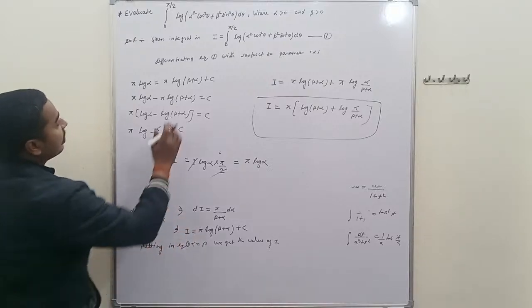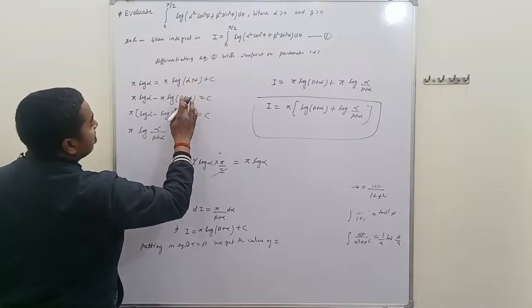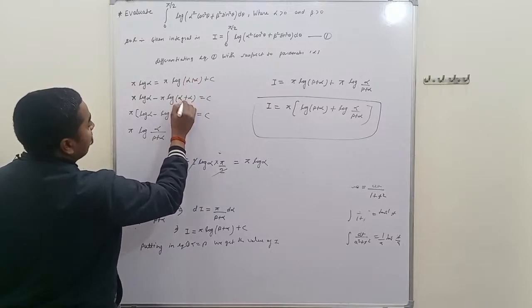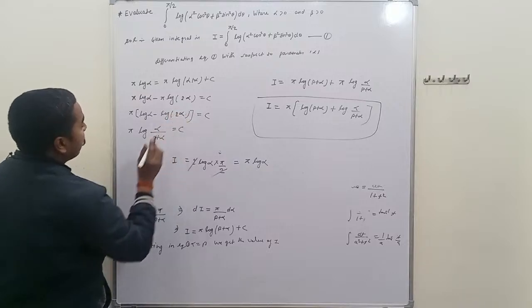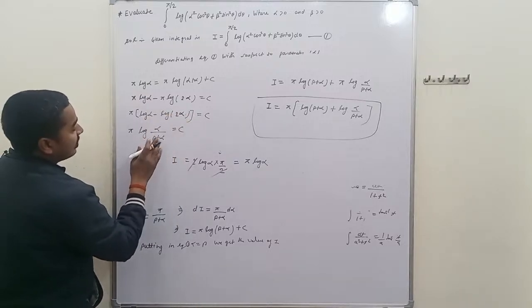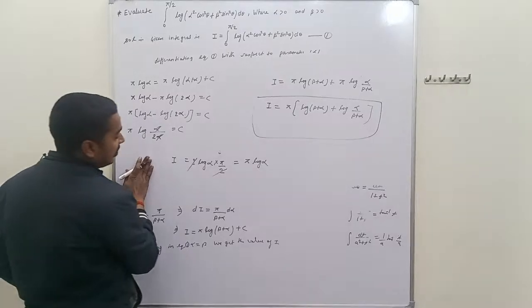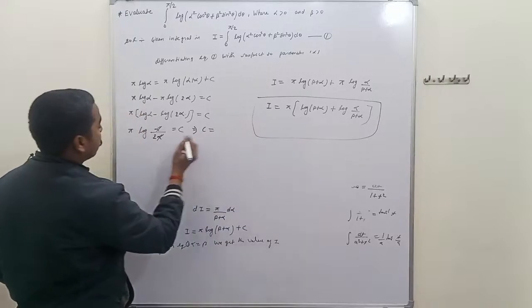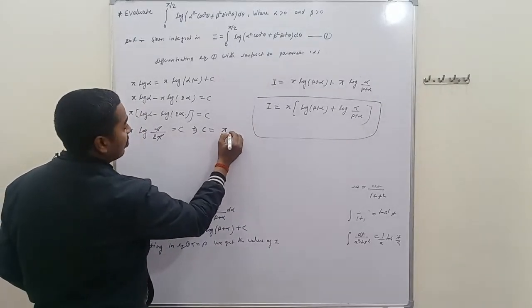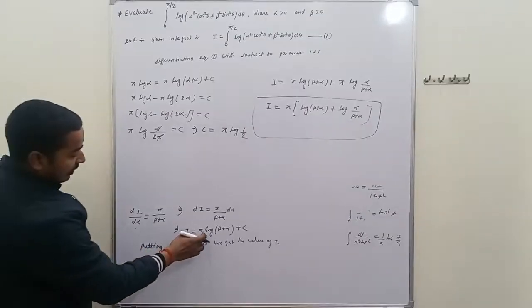So beta plus alpha becomes 2 alpha, and using the property of log m minus n, this is alpha upon 2 alpha, where alpha and alpha cancel out, and the value of c is given by pi log 1 by 2.